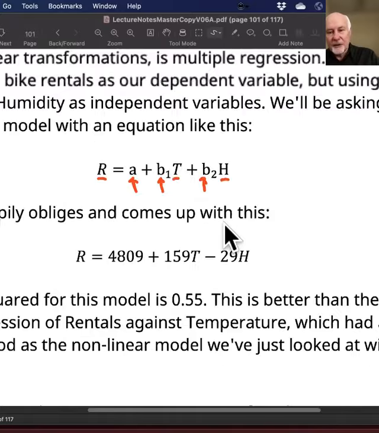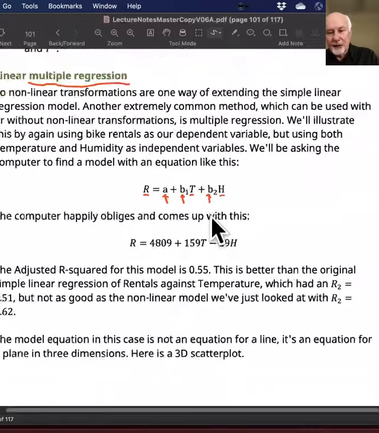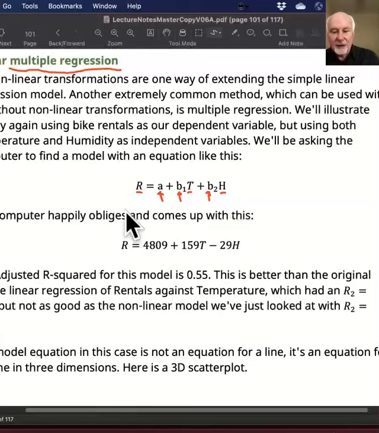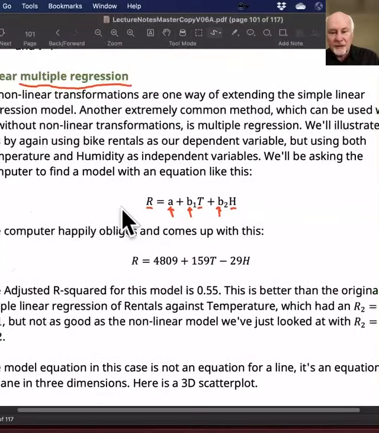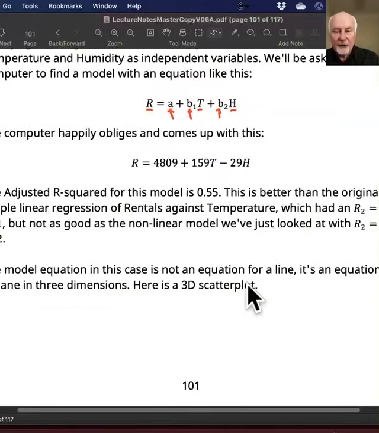It's still a linear equation, but as you'll see, when we look at it, it's in 3 dimensions, not 2 dimensions. So I feed this into the computer, it does its magic, and that's what it came up with.